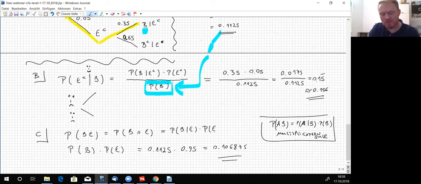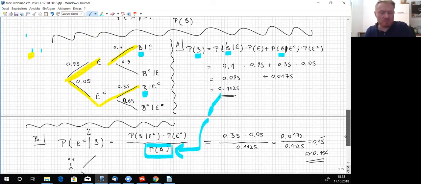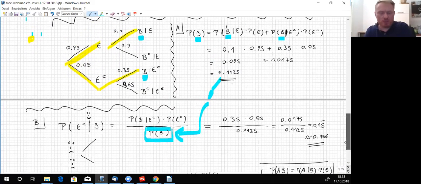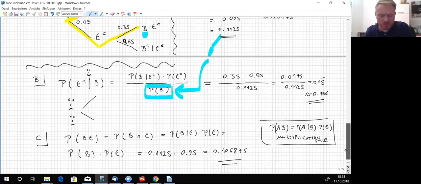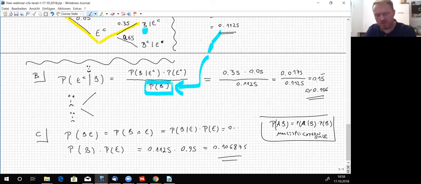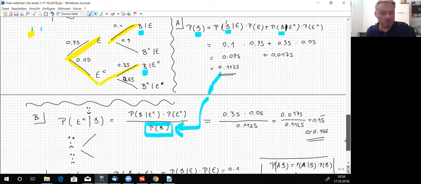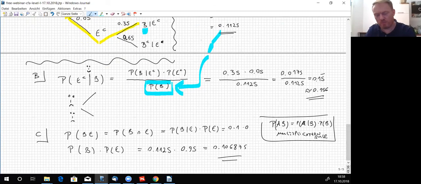And yes, so now that is the probability of B given that E occurred first multiplied by the probability of E, which would be B given E, 0.1, multiplied by P of E, which was 0.95. And now hold your breath, because C has to be wrong, if you know what I mean.